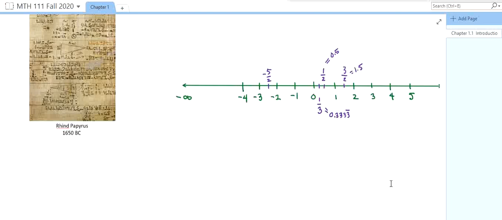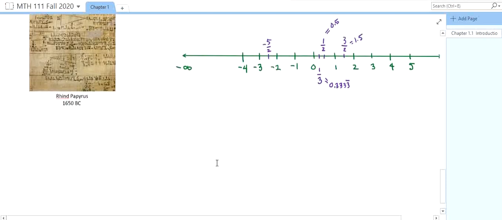Well, it wasn't long before people playing around with these numbers recognized something, and there was a group of people in ancient Greece called the Pythagoreans, and they were real geometry-based mathematicians, and they recognized that you have triangles.